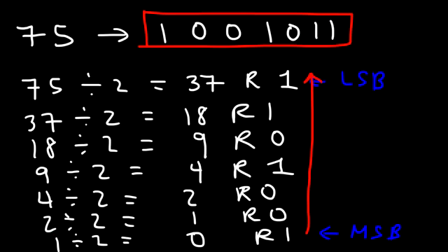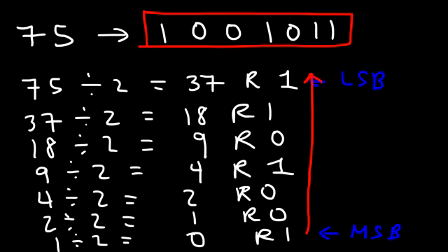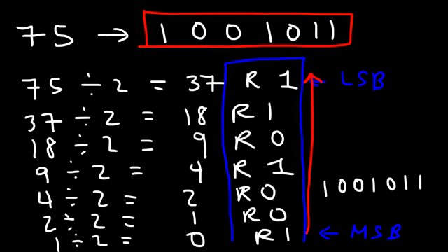So if you write it from bottom to top, it's 1, 0, 0, 1, 0, 1, 1. So hopefully you see that. And so that's how you can get the same answer using successive division.